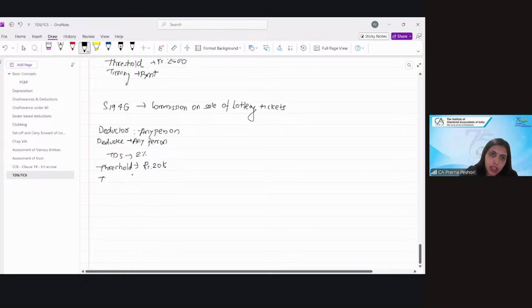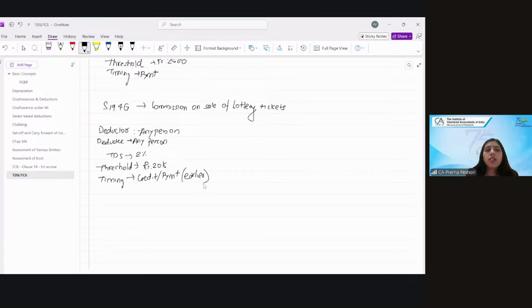And the timing is credit or payment, whichever is earlier. Yes, very simple section again. Commission on sale of lottery tickets. Fine. Okay.